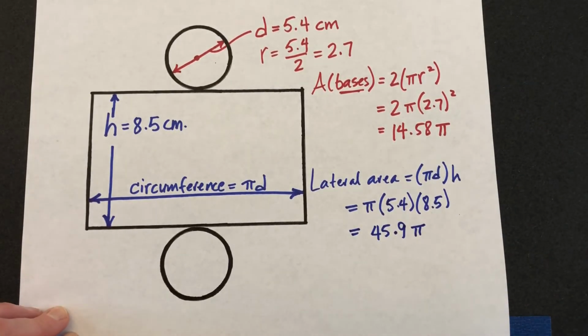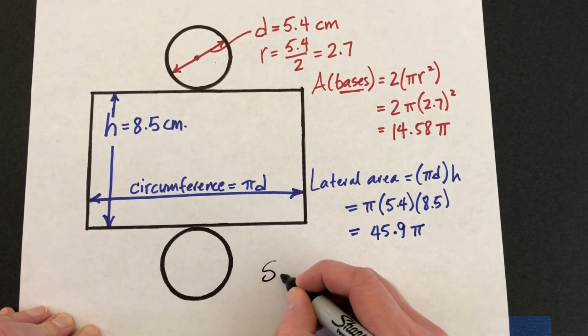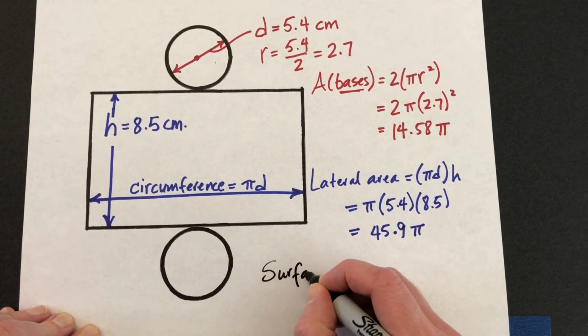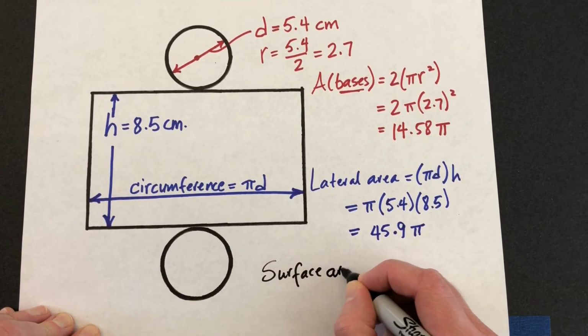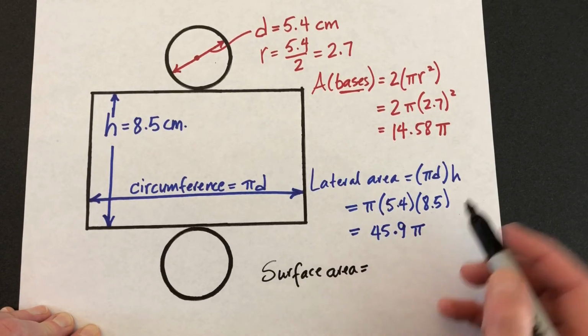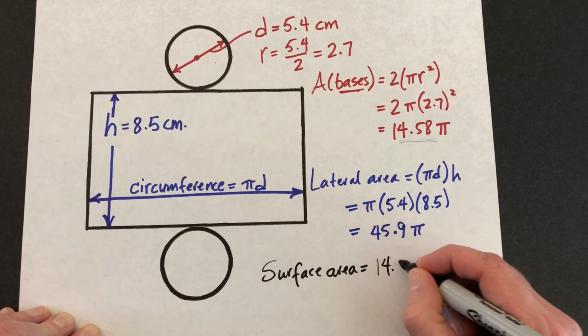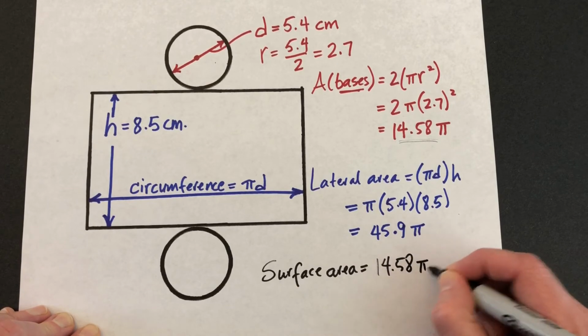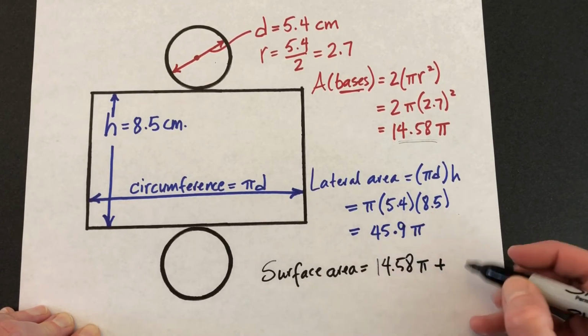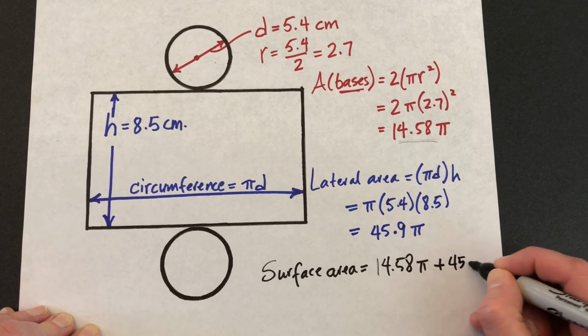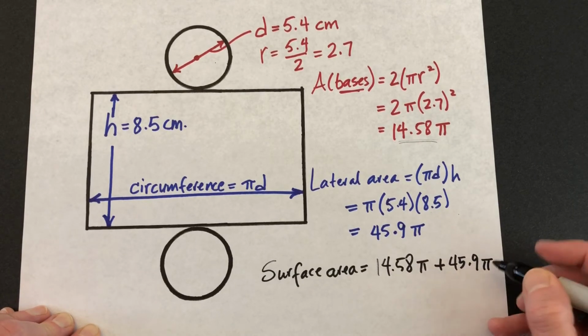So we have the area of the bases, and we've got our lateral surface area. So let's just come up with our total, or our surface area. And that's just going to be the area of the bases, 14.58 times pi, plus the lateral area, 45.9 times pi.